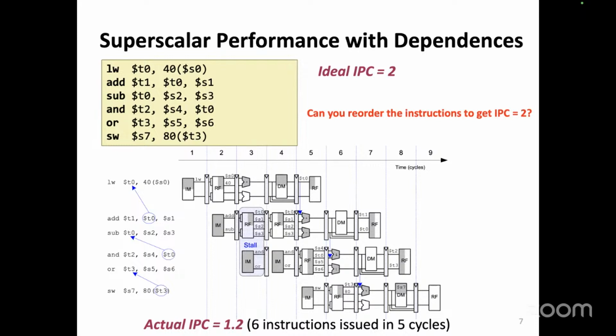And the answer was yes, if the programmer or the compiler can do that reordering such that independent instructions go in the same cycle, then you can actually achieve the benefits of a superscalar processor. But the hardware still needs to be there, meaning the hardware still needs to do dependence checking, both horizontally in the pipeline as well as vertically in the same cycle.